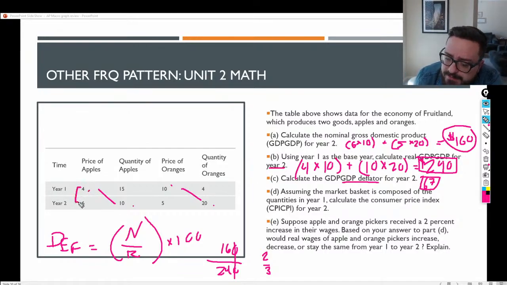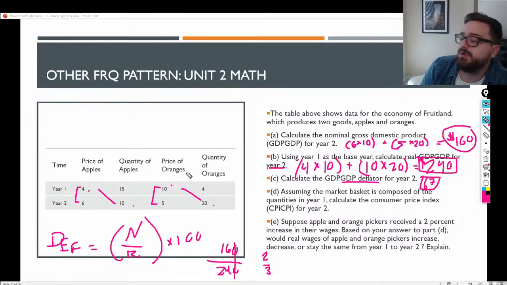Yes, apples went up to $6, but oranges price dropped in half, from 10 down to 5. That's a huge drop. So apples went up by a little bit. Oranges went down by a ton. So there is actually deflation here. If your GDP deflator is less than 100, you actually have deflation. Prices went down, which would explain why this real GDP is so much higher than this.